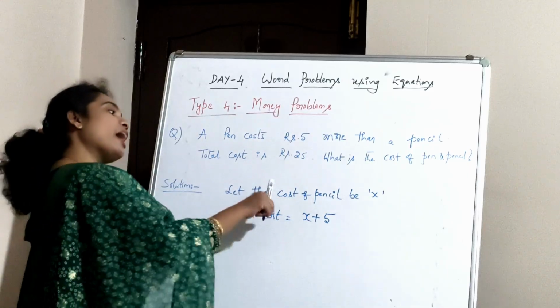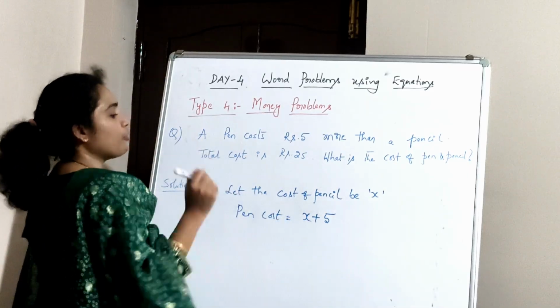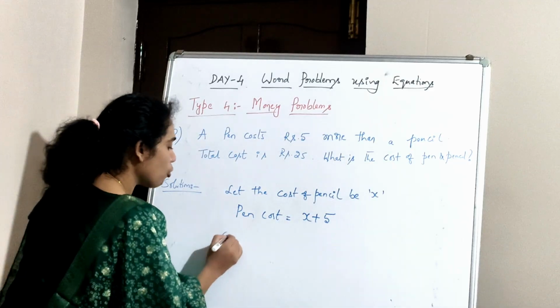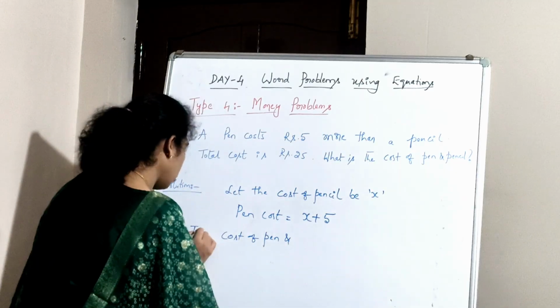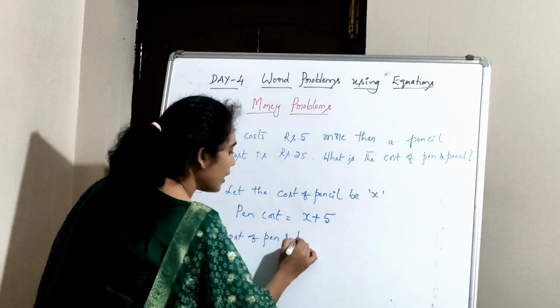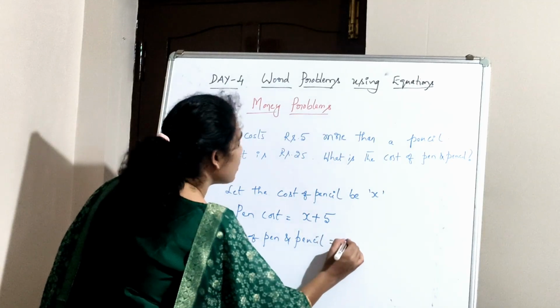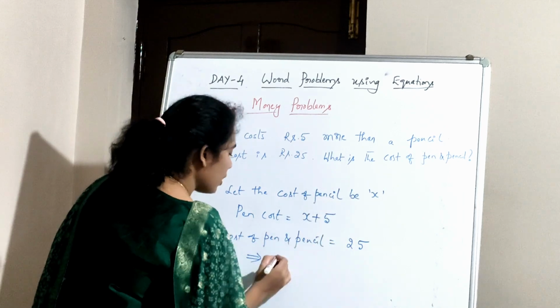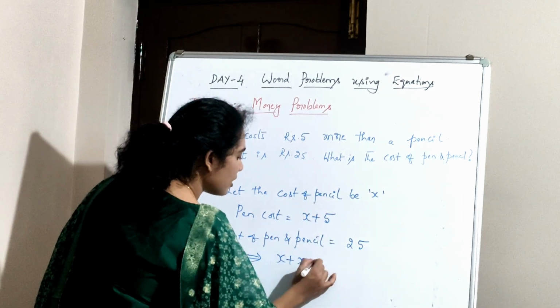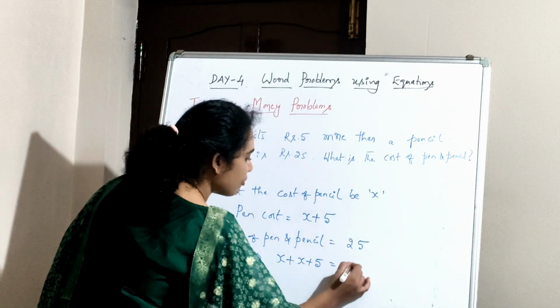That means the cost of pen and pencil is equal to 25 rupees. So the total cost of pen and pencil is how much? It is 25 rupees. So the sum of x and x plus 5 is equal to 25.